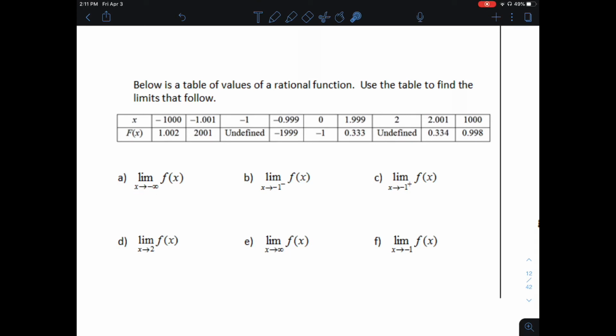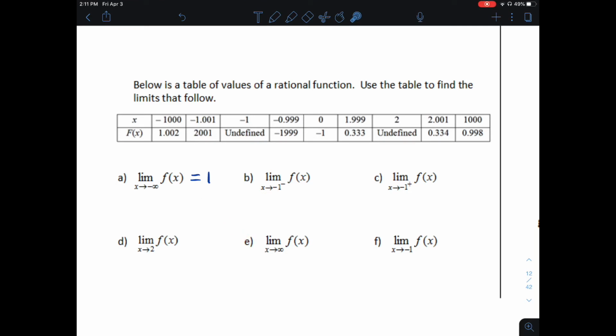What's the limit of f of x as x approaches negative infinity? As we go left forever, what's happening to the y values? Well, notice how these x values are jumping around a lot. At negative 1,000, we're at 1.02. Looks like to me this is going to be approaching a horizontal asymptote of 1, which happens in rational functions.